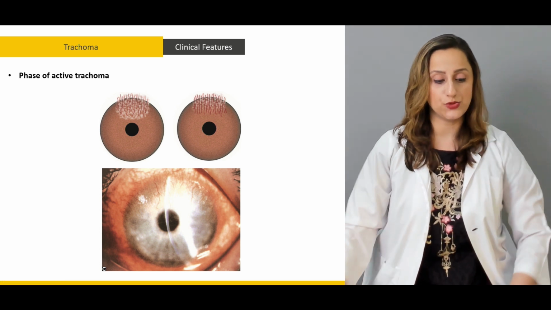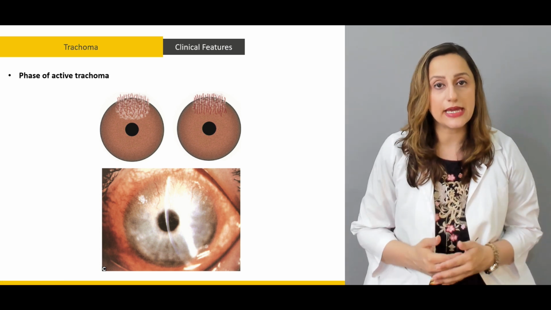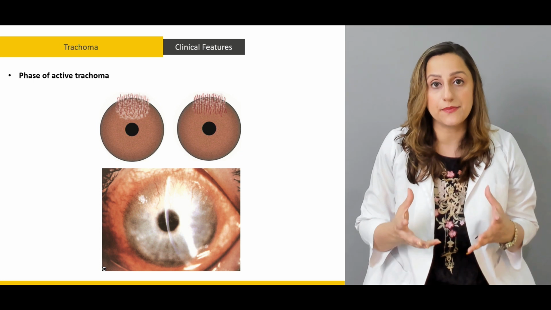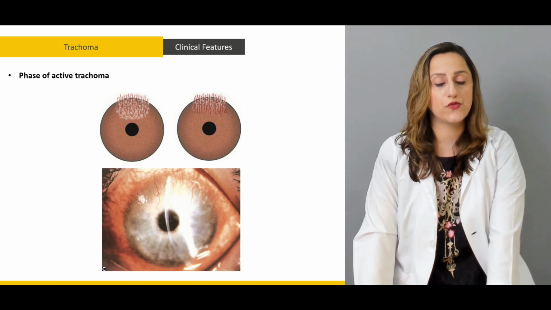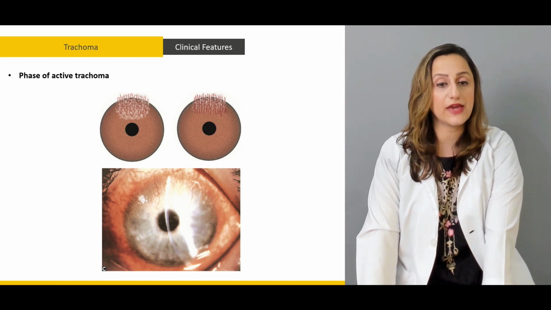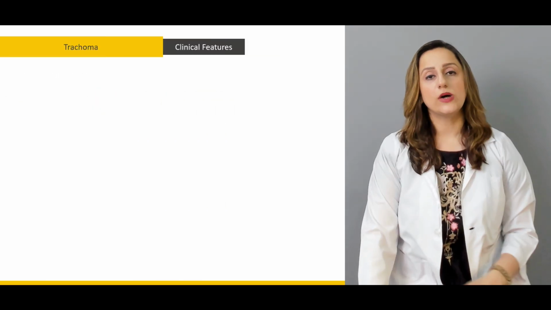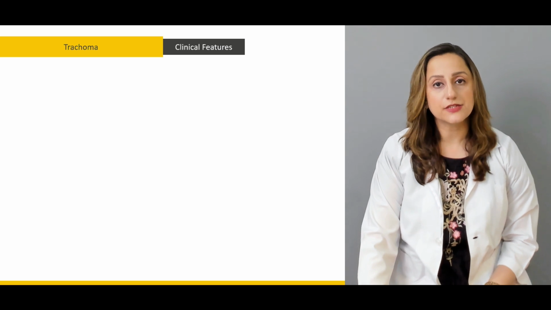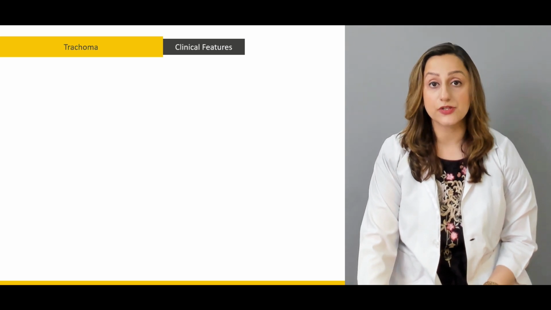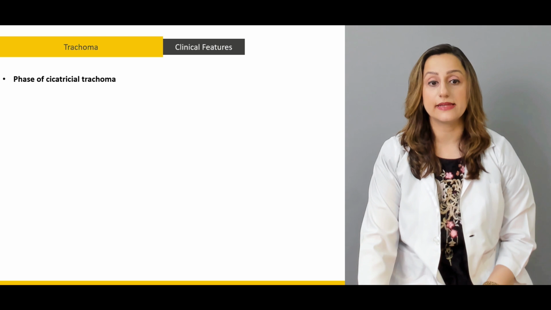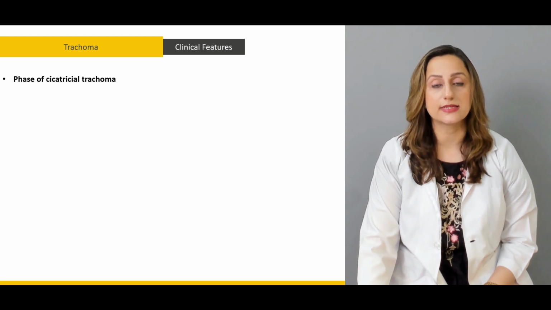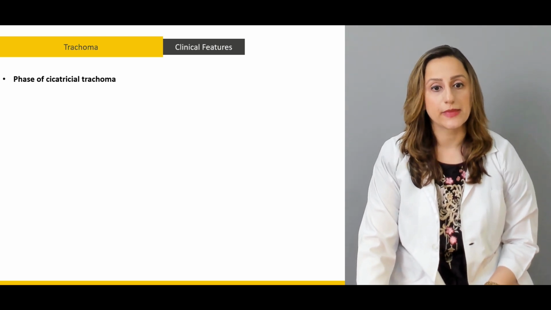It's divided into the regressive type and the aggressive type of pannus formation when we say it's the phase of active trachoma. Once this phase of active inflammation ends, it moves on to the phase of cicatricial trachoma.